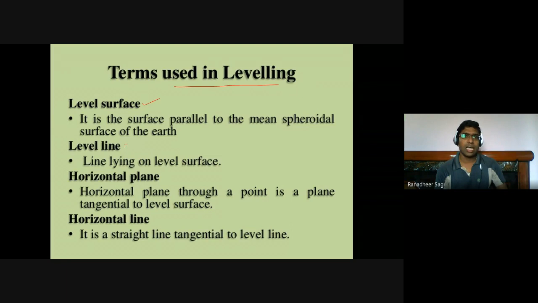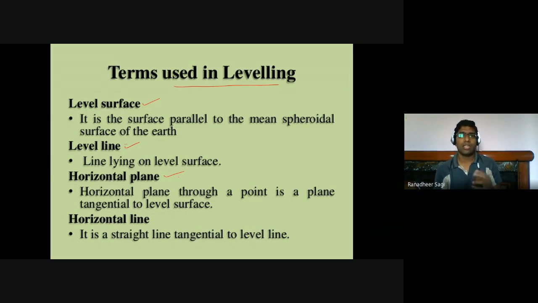And next is level line. It's nothing but a line lying anywhere on that particular level surface. So that line is what we call a level line. Next, horizontal plane. A horizontal plane is nothing but, on that level surface at any point, if I draw a tangent, the plane contained by that particular tangent is what we call a horizontal plane.